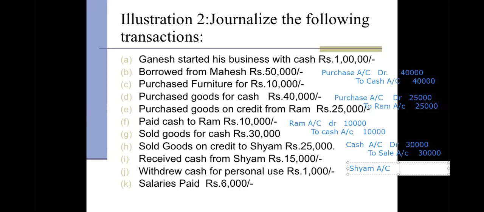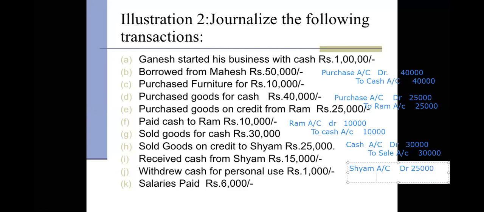Okay, Sham account debit. Now Sham is the receiver of your goods of 25,000. So in spite of writing cash for that person, you will be writing up that this person have taken goods from my side. I have to take money of rupees 25,000 from Sham.